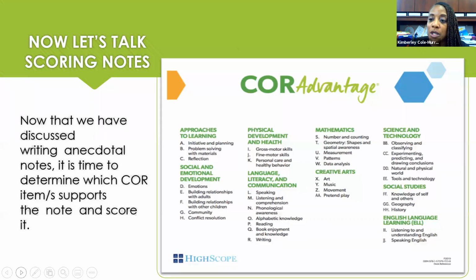We do have some centers where our children are learning English as a second language, so those centers may write anecdotal notes for English language learners, but for the most part, we're writing anecdotal notes for approaches to learning all the way down to social studies, and the core items A all the way to double H.